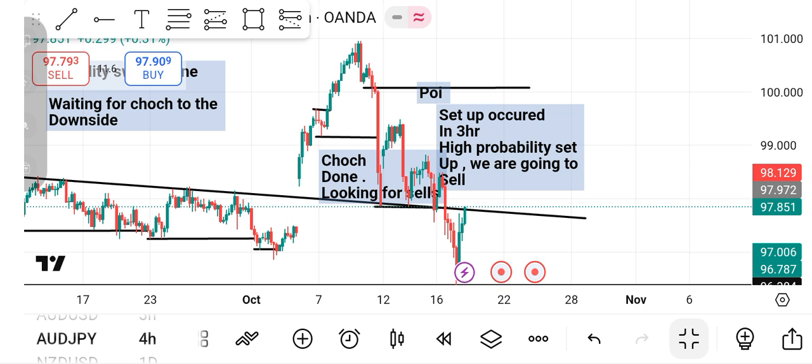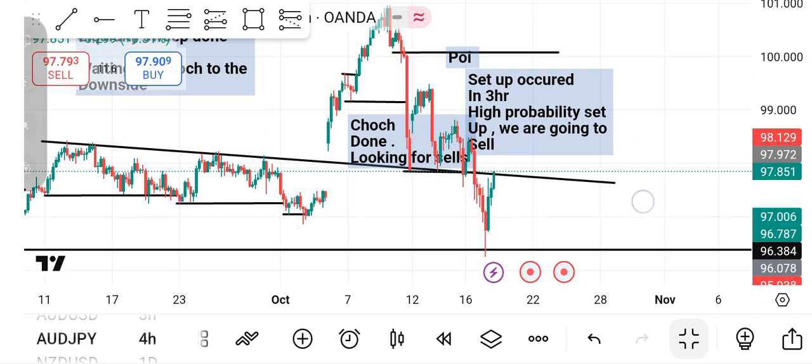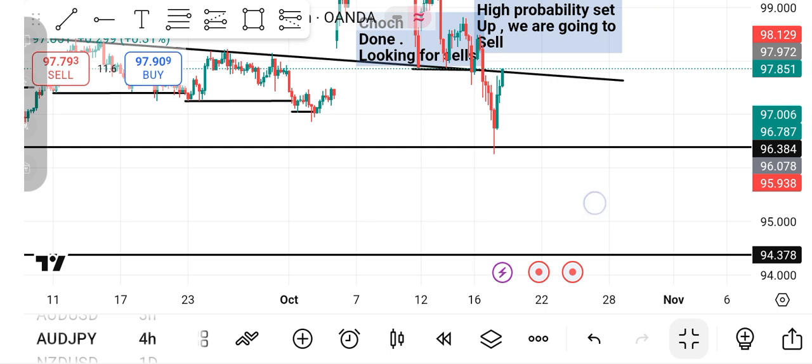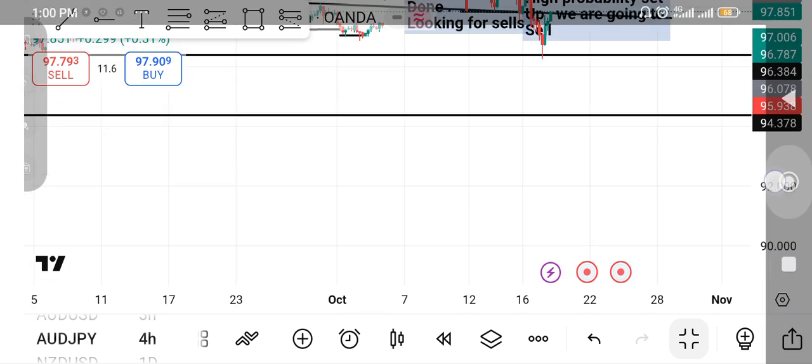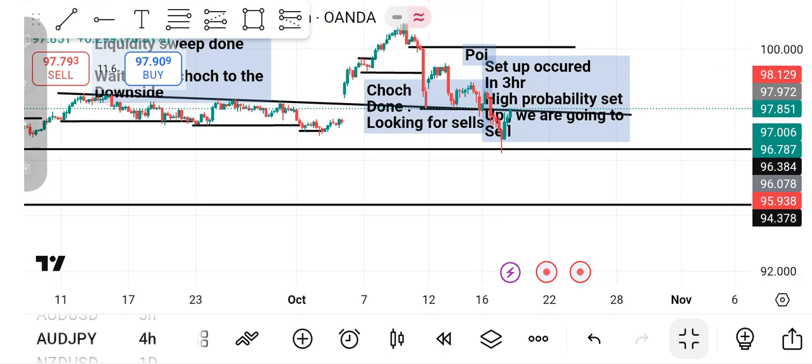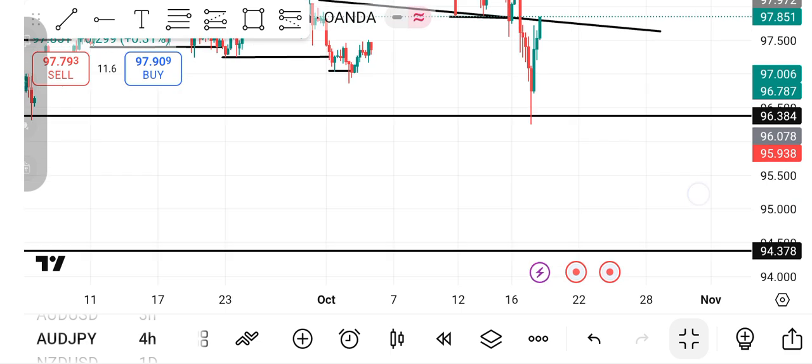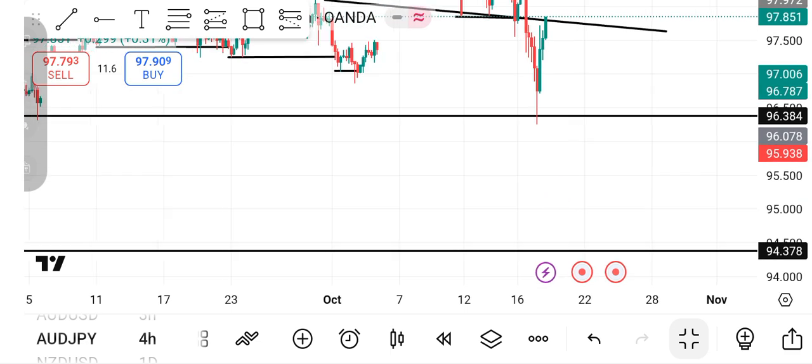And also I have a SAPOI right here, right? I am going to sell until price comes to the discount zone, which is right here.